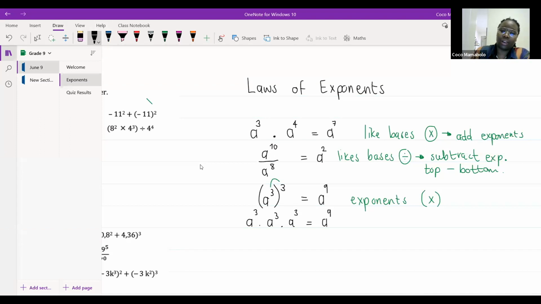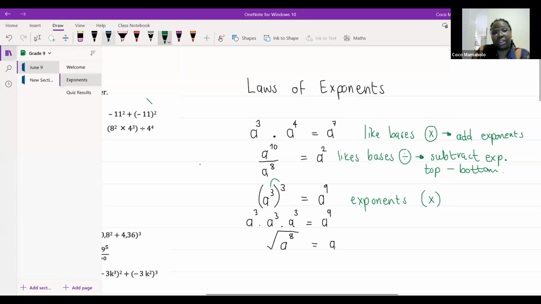Let's talk about the square root of some letter A to the power of 8. I'm going to keep my base, and then what's going to happen to my exponent? Good.